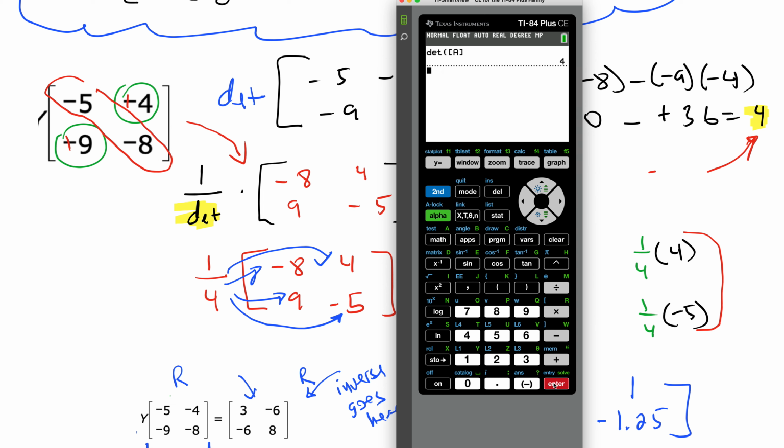Okay, so punch that out, 4. So we did that part right, because that's the determinant of matrix A. So that's checkable.